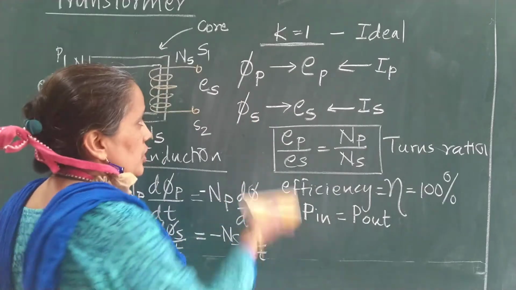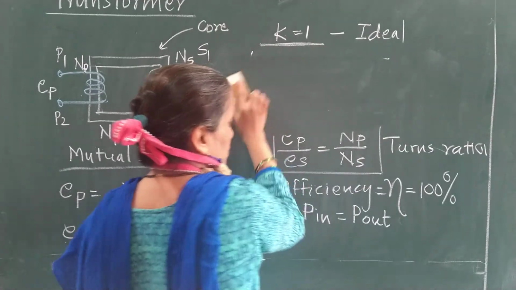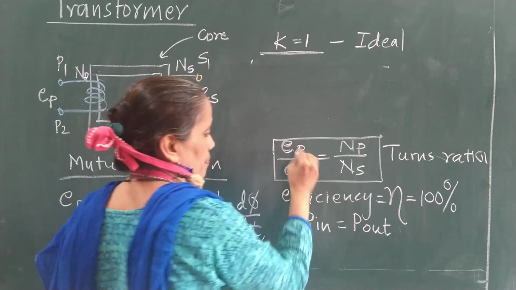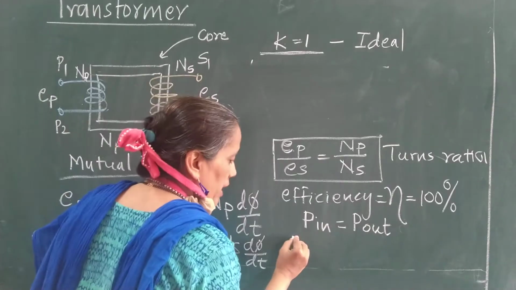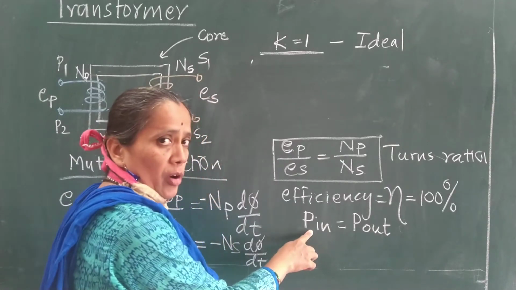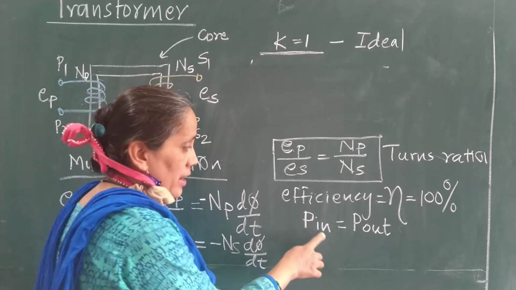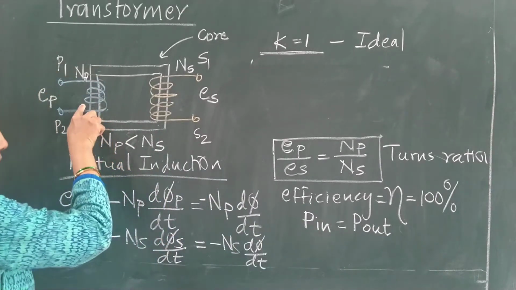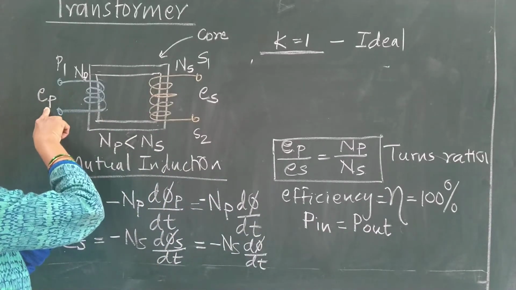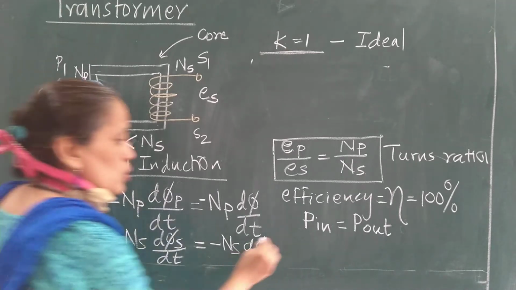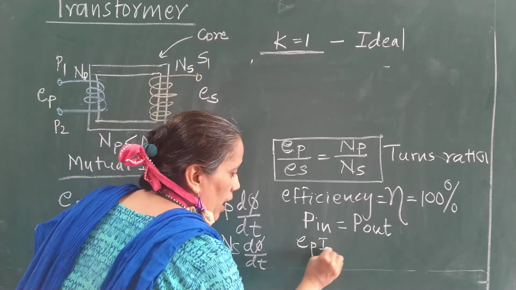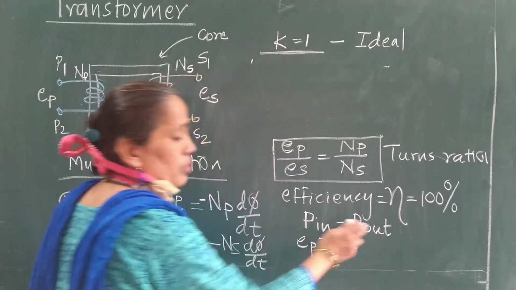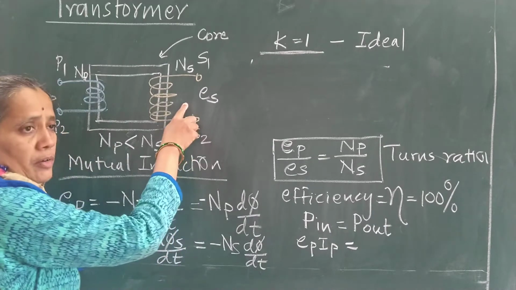And if the efficiency of the transformer is 100%, now I can write down the power in. Power is the product of voltage and current. The input circuit is the primary circuit. So in the primary circuit, the EMF induced is EP and the primary current is IP. So the product of EP into IP is the input power. It must be equal to the output power. What is the output power?